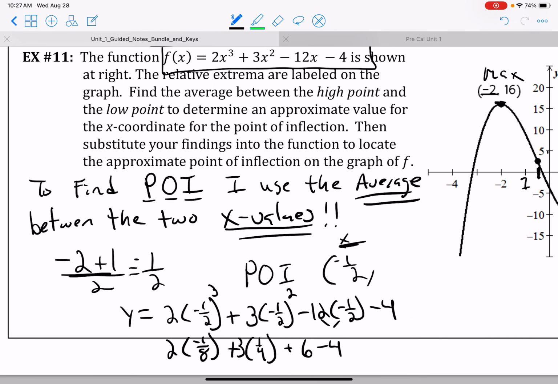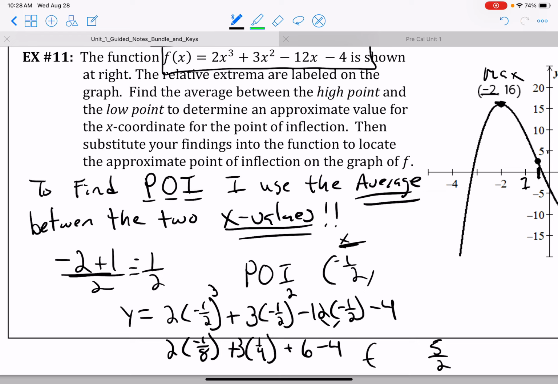Do I have any extra space? I only have a little bit. So let's do this. When I simplify all of this, why don't you simplify that whole thing right there? You should end up with all of that equaling 5/2.